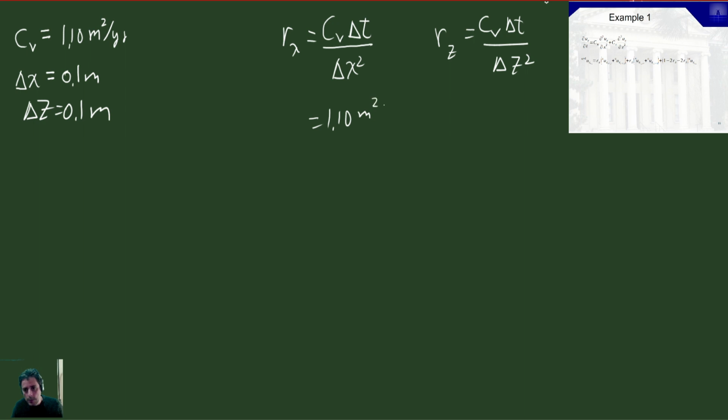Meter squared per year times delta T. So let's use the one we had before, 1 over 365, and we say 0.1 meter. Both will be equal in this particular case.